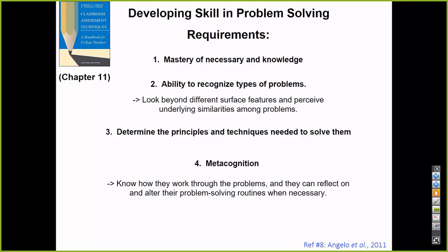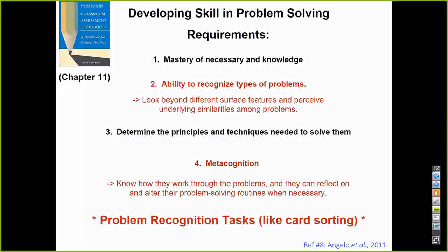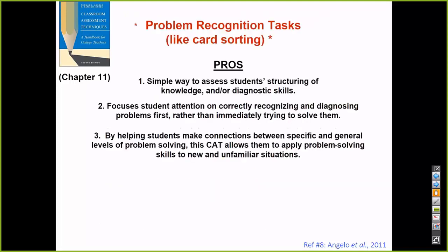So that's where you would have to have another activity where they're determining the principles and techniques needed to solve them, and then as we've harped on a little bit, metacognition, knowing how they are working through the problems. So in red is the stuff that we've been doing with card sorting.